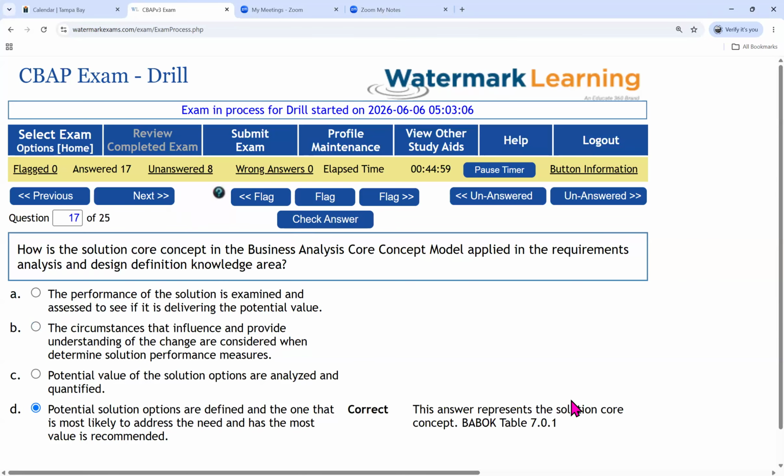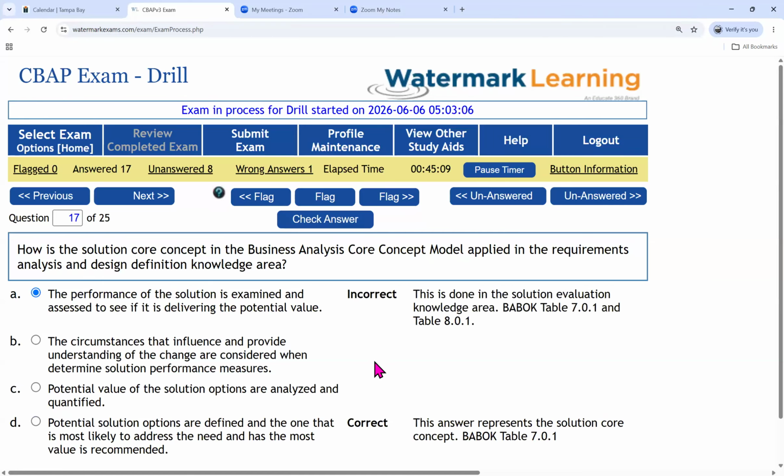Can we see why it is not A for Alabama? Sure. This is done in the solution evaluation knowledge area. So it is done, but just not in this particular knowledge area. We're in RADD, and that's solution evaluation.